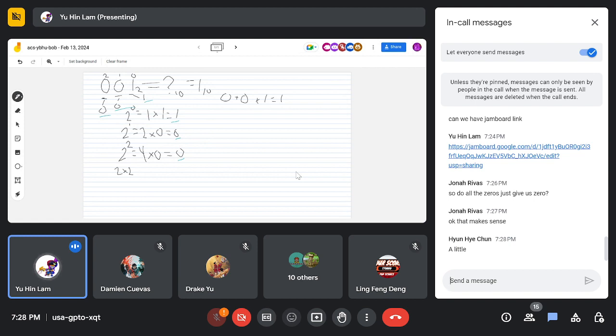Okay, so how about I also convert the other 2 numbers? Our second group was 101 base 2, and we first convert it into base 10. Just like before, our first step is counting our positions from right to left, starting with 0, 1, and 2.